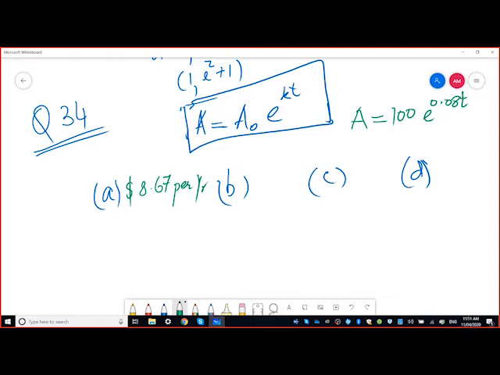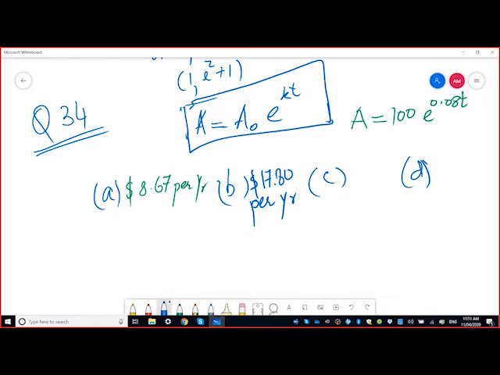What is the answer of B? B is $17.88 per year.